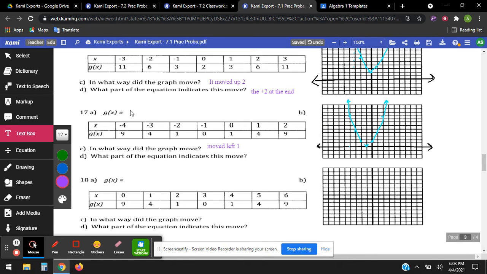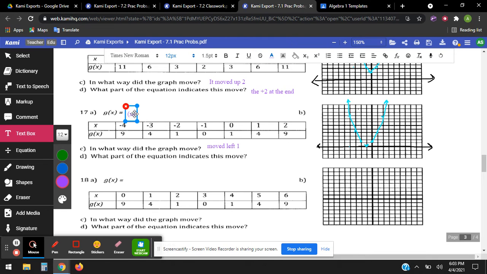So that means that we had to take that x and add 1. To the left was a plus, and that was to the second power.